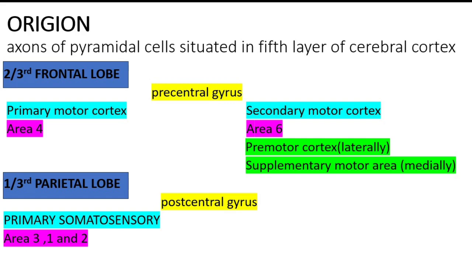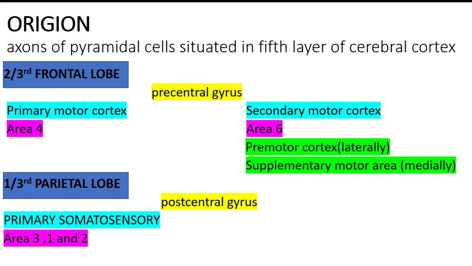The first one third could also be called the primary motor cortex, or area number 4 according to Brodmann classification, and the other one third is the secondary motor cortex, or area number 6, which is further divided into the premotor cortex, the lateral portion, and the supplementary motor area, the medial portion. Next, one third of its origin is from the parietal lobe, the postcentral gyrus. Here is the primary somatosensory area, or area 3, 1 and 2 according to the Brodmann system.